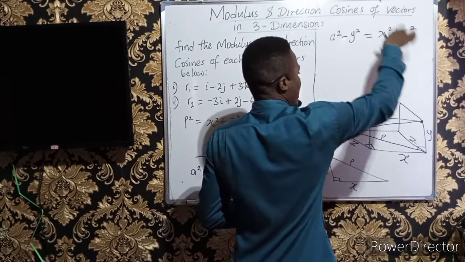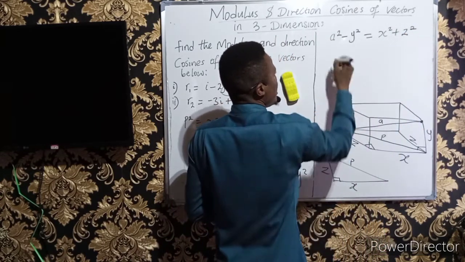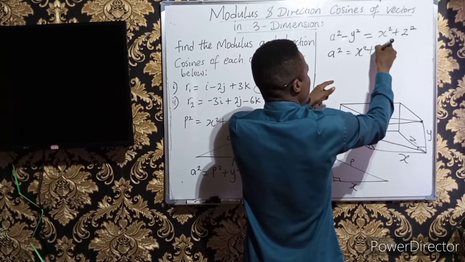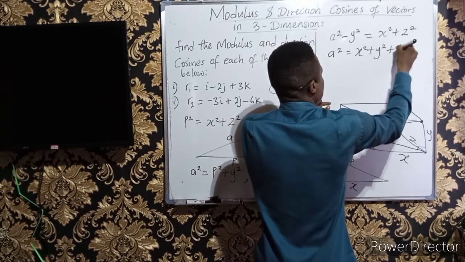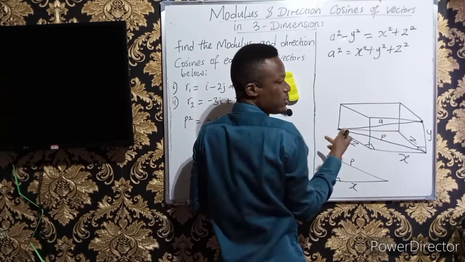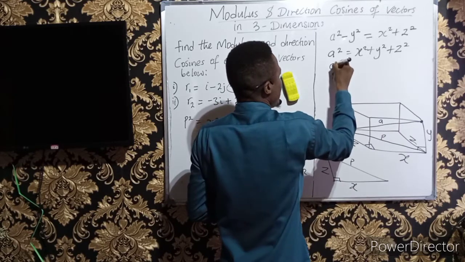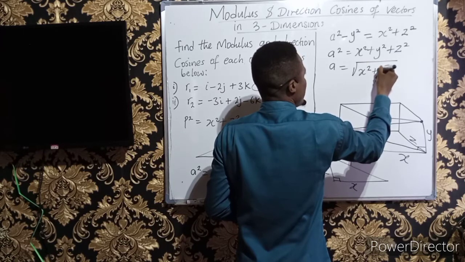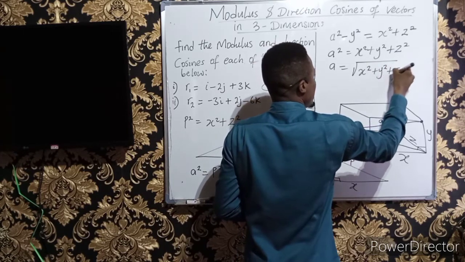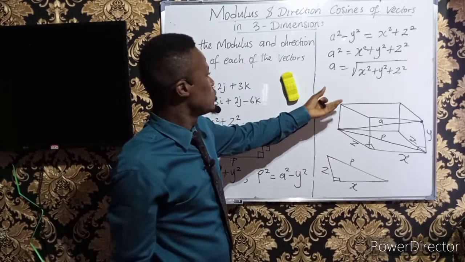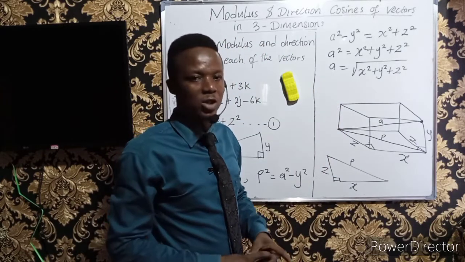Now this negative y can cross over, it becomes positive. Therefore, my A squared will now be x squared plus y squared plus z squared. Now to get the value of A, which is the magnitude of this vector we are looking for, we shall now have that A is the square root of x squared plus y squared plus z squared. So this is the formula we use in getting the magnitude of a vector in 3 dimensions.